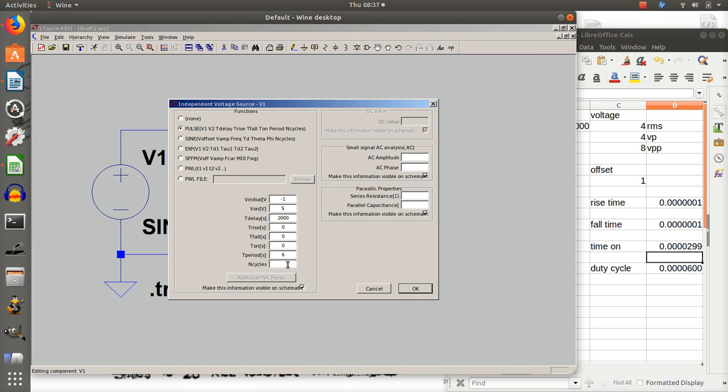And then your number of cycles if you want it. So these numbers are coming from the last thing I entered because I just changed it. So I'm going to just blank them all out and we'll go through them one by one and see what we get here.